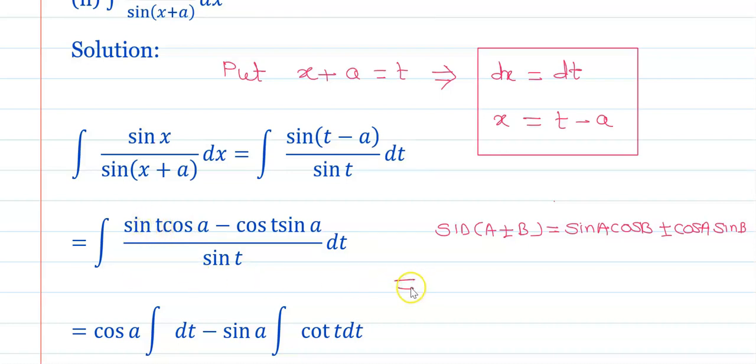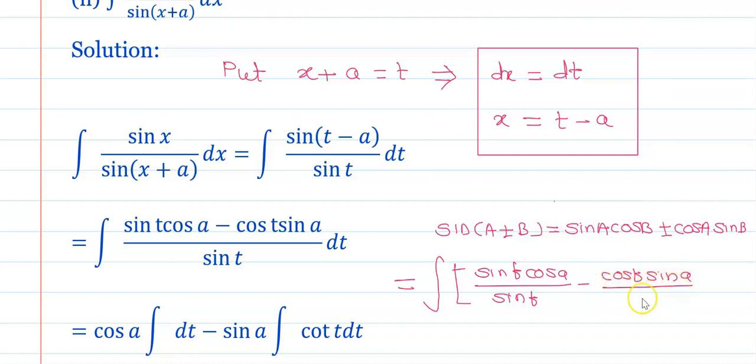It means that here you will get integral sin t in bracket sin t into cos of a upon sin t minus cos t into sin of a upon sin t, bracket complete into dt.